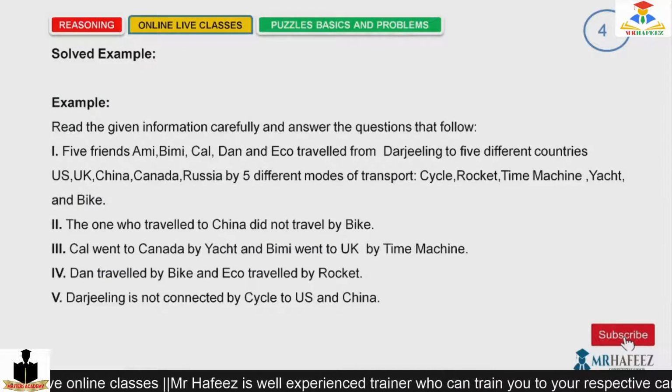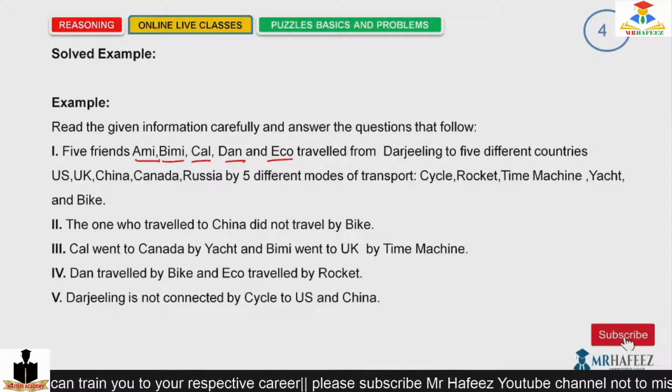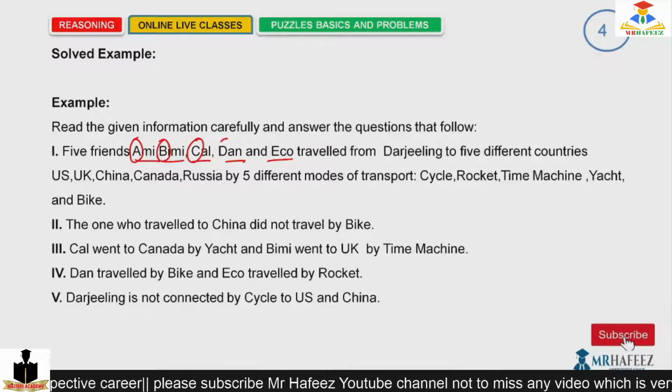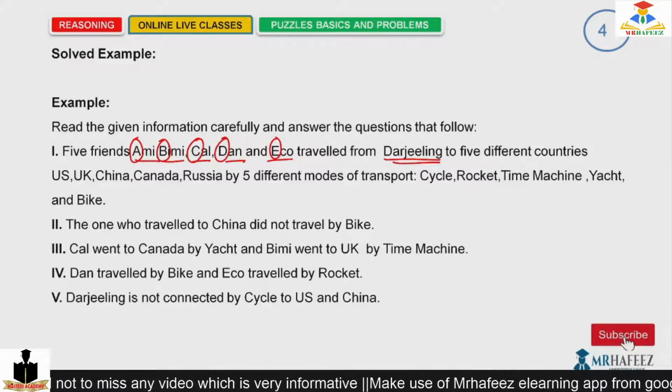So there are 5 friends: Ami, Bimi, Carl, Dan, Echo. If you observe carefully, I just make it this is A, this is B, this is C, this is D, this is E, so as to make it easy and comfortable. And they traveled from Darjeeling to 5 different countries.